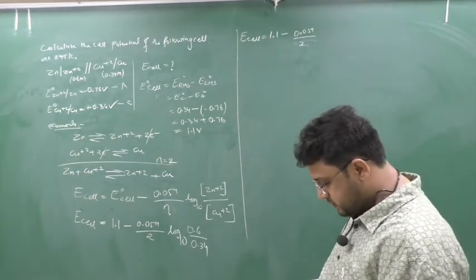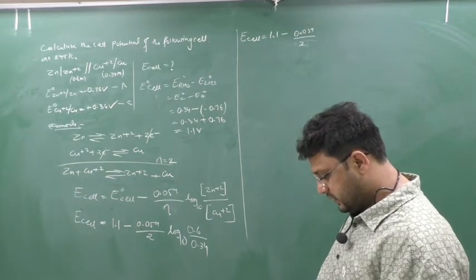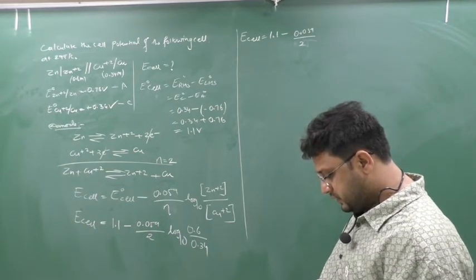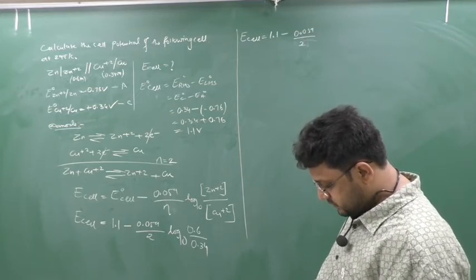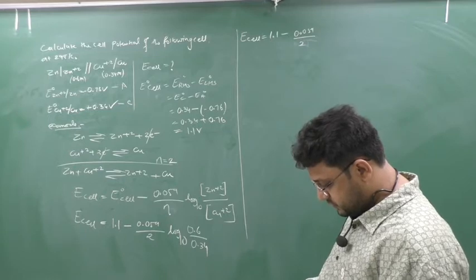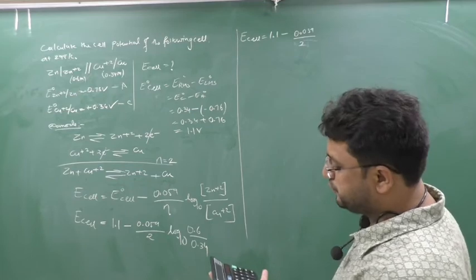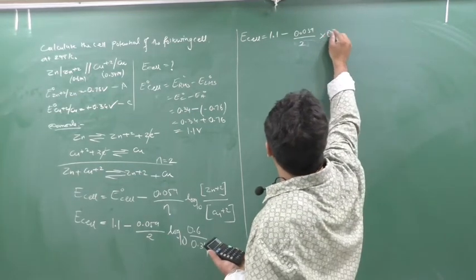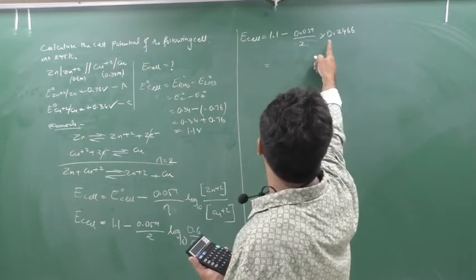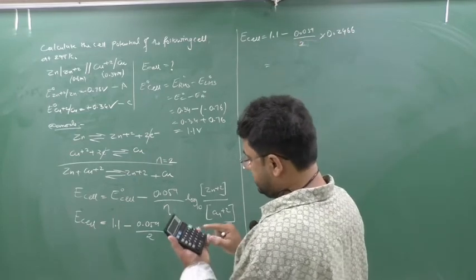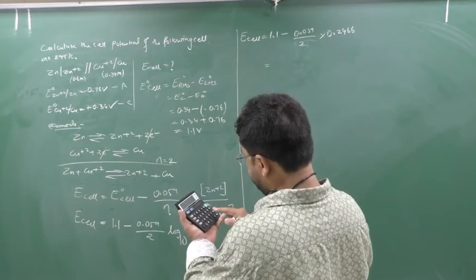So, log I will find out, 0.2466. Now, I will multiply by 0.059 divided by 2.